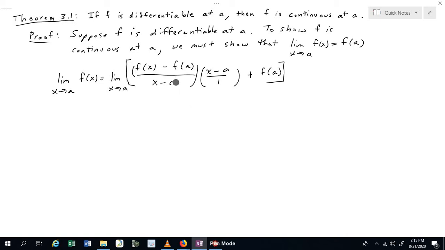We can break this limit up across addition, which is one of the properties of limits. We take the limit of the first piece and add it to the limit of the second piece.